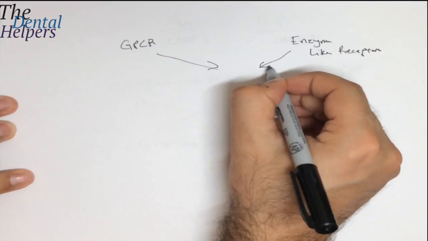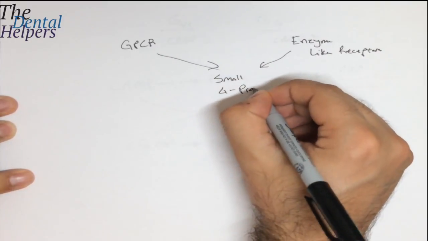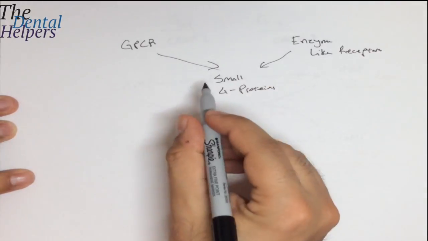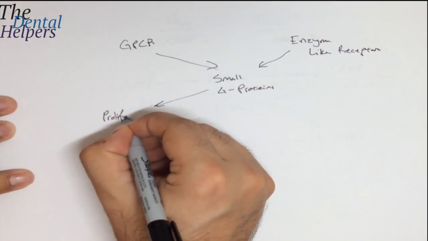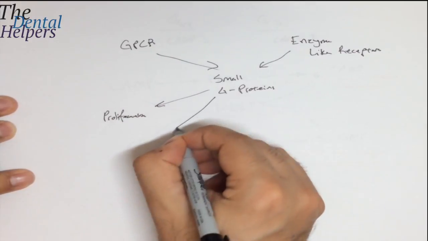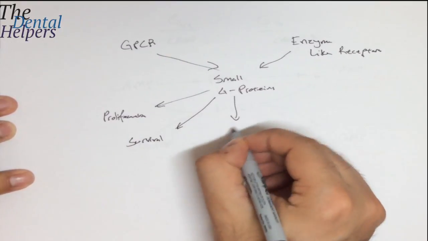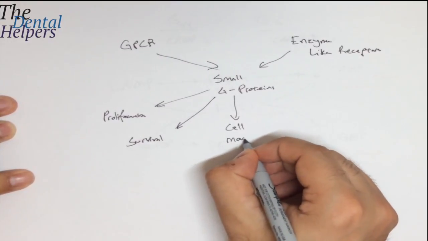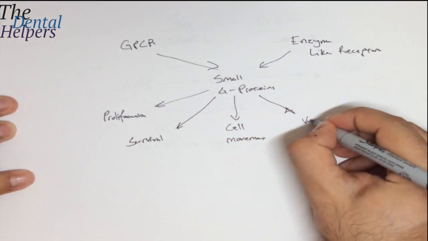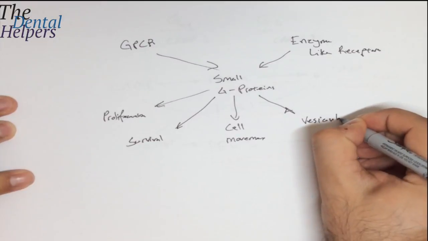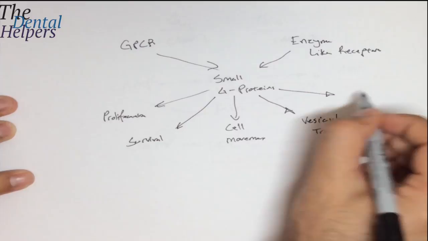And these both are going to lead into small G proteins. And small G proteins are involved in proliferation, survival, cell movement, vesicular traffic, and secretion.